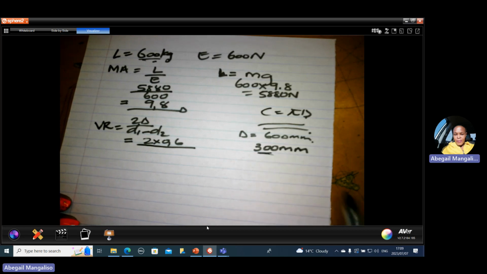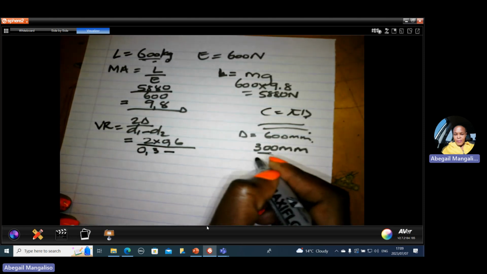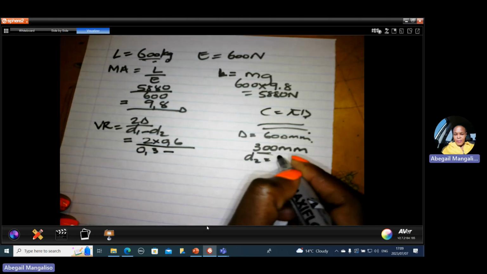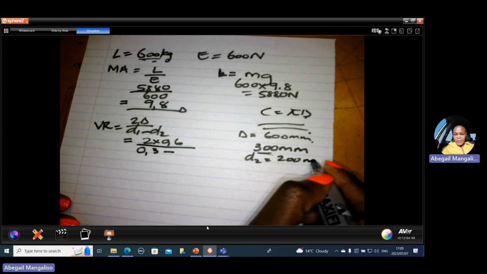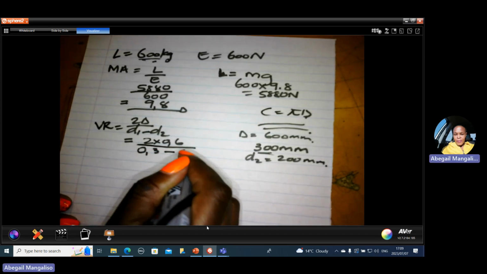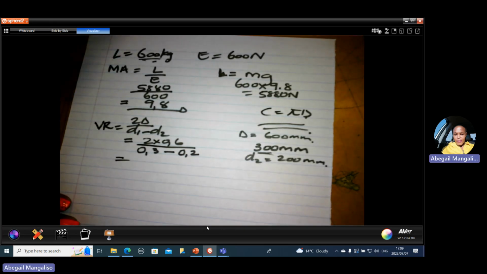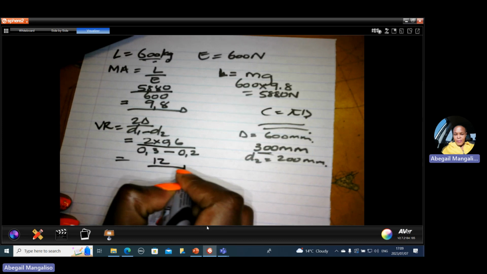So when we change 300 to meters, it will be 0.3 minus D2, which is 200 millimeters. So you also convert this one to meters, it will be 0.2. Then you use your calculator to get the answer, and the answer will be 12 for this velocity ratio.